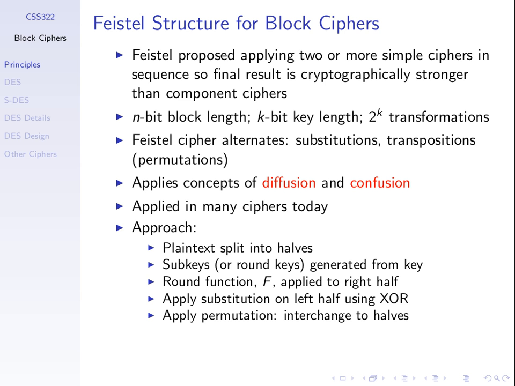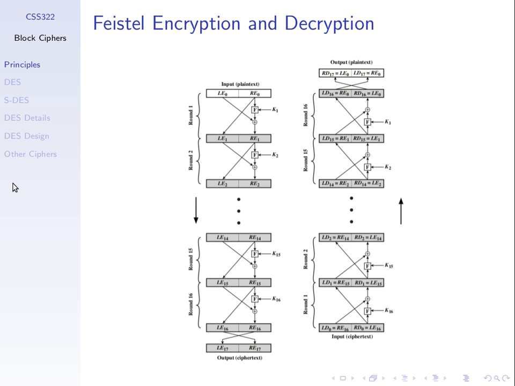And what the Feistel structure does is it alternates between substitutions and transpositions. Substitution is where we replace one element with another. Transposition is where we rearrange the elements. And it does it in a specific way. We'll come back to that.